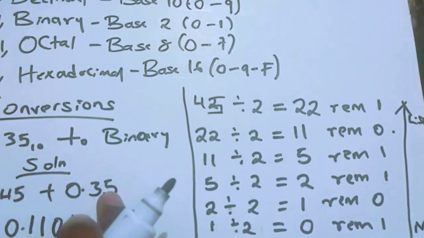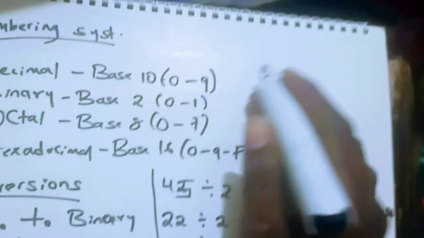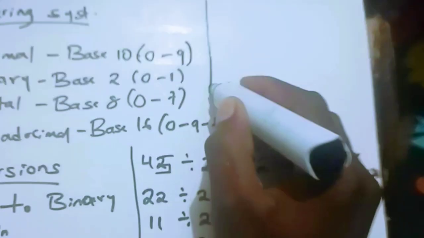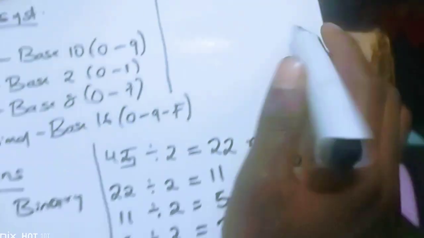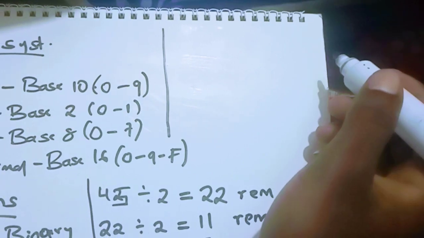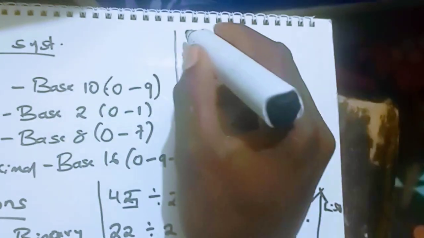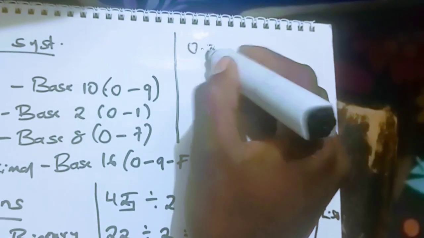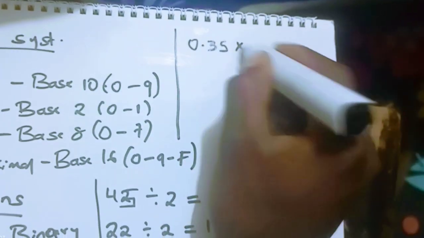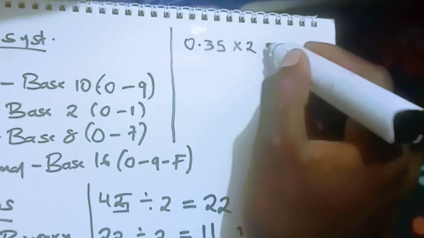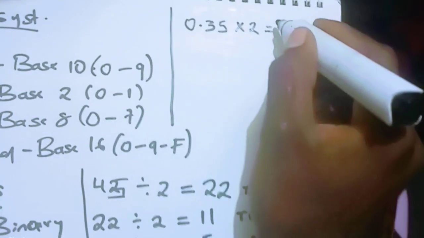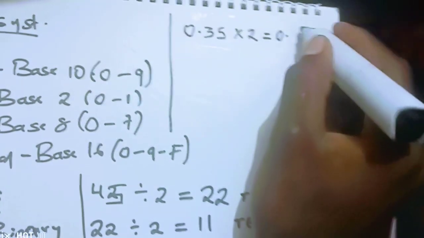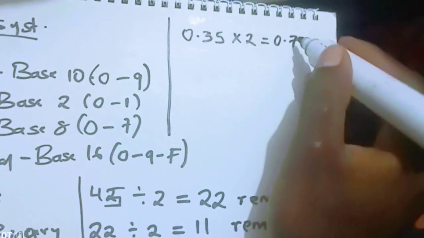The next one is 0.35. Let me do it over here for the sake of saving some space. 0.35 is a fraction. For a fractional number, converting it into binary, instead of dividing, you multiply by the base, and the base is 2. When you multiply this, you'll get 0.7.